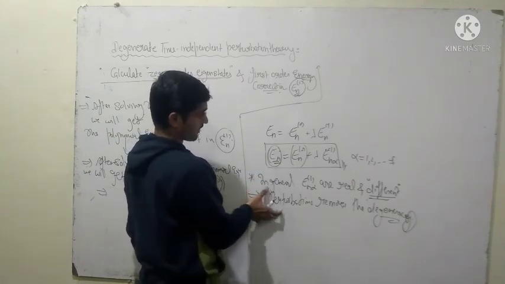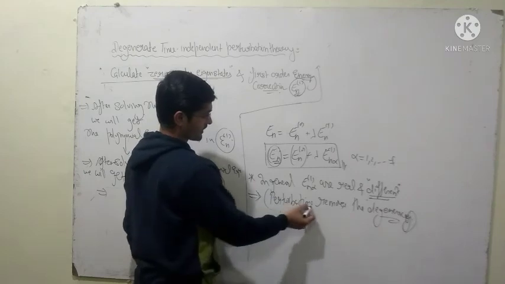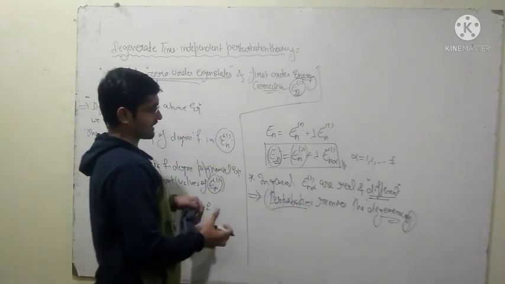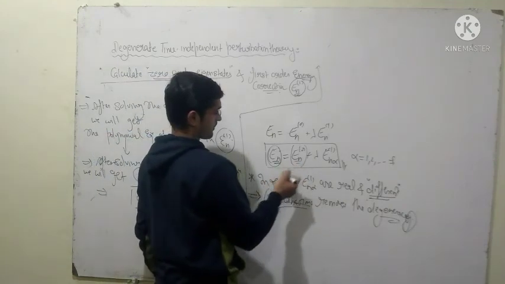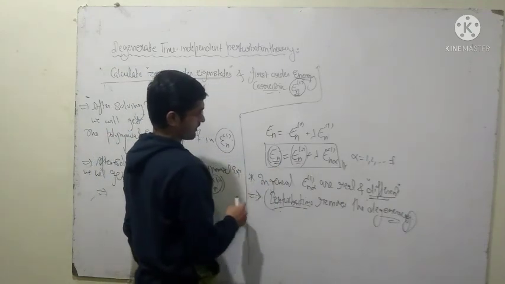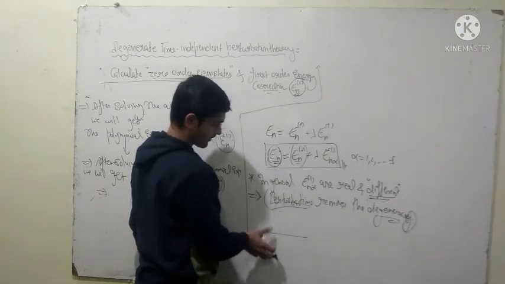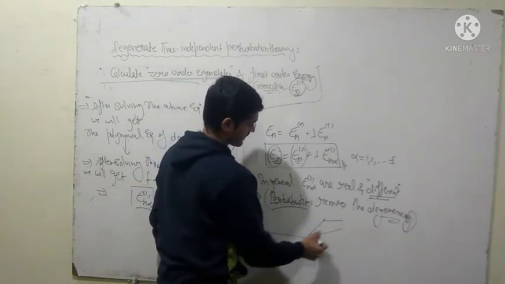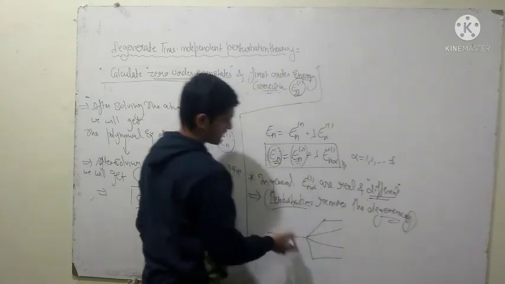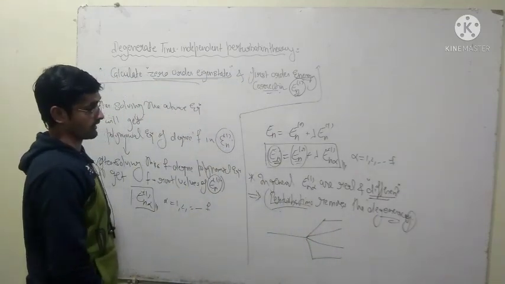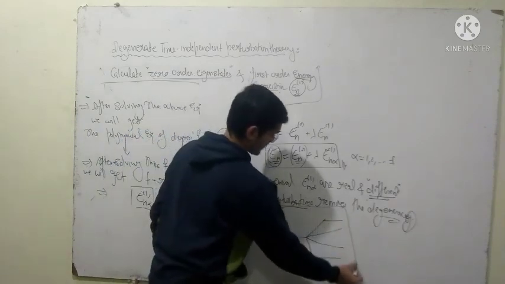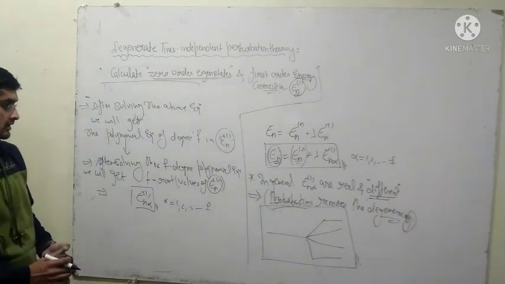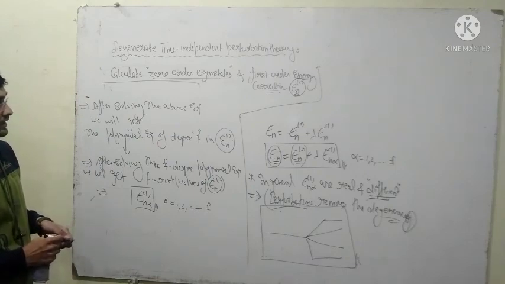So the degeneracy of the problem has been removed just by perturbation. The previous energy level has now been split. If you have some energy level, then after applying some magnetic field or electric field, it will split into several levels, and there will be no degeneracy in the system. This is why we say that perturbation removes the degeneracy. So this is the calculation that we want to do.